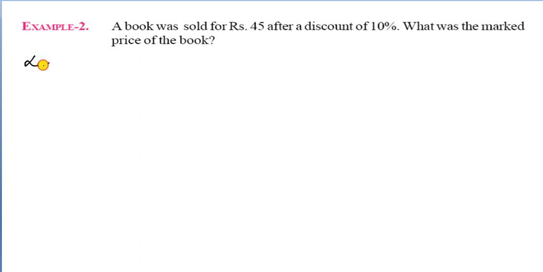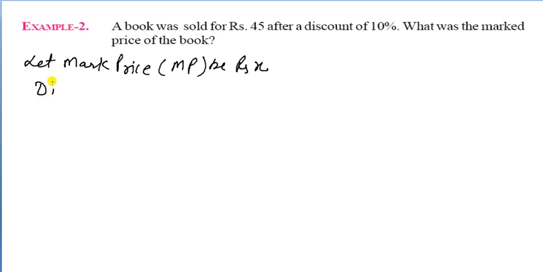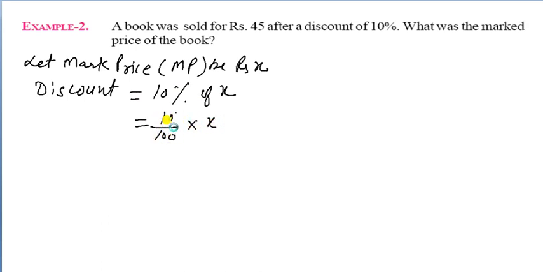Let the mark price, in short MP, be rupees X. Now what will be the discount? The discount is given as 10%, so 10% of X. That means 10 upon 100 into X. The 0 will be cancelled out with this 0, so we get X upon 10 rupees.